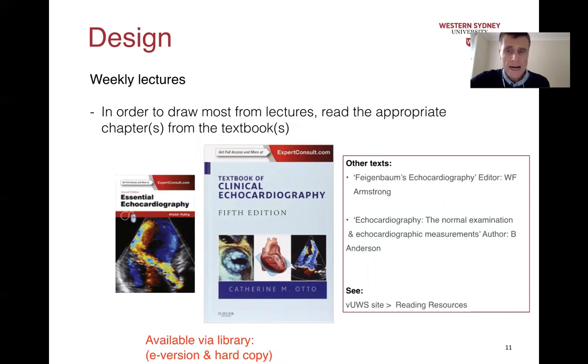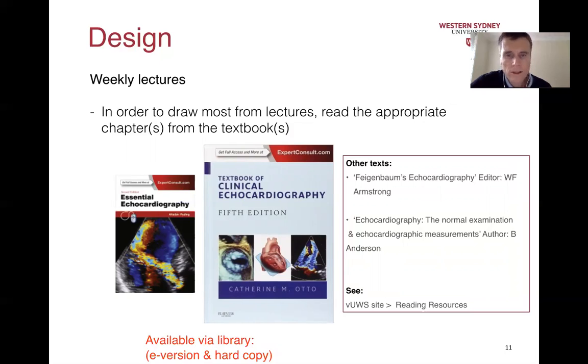The textbook we'll be drawing from most is the Textbook of Clinical Echocardiography. I'll show you how you can access the e-version. It is available via the library and via the Views site that I was telling you about, and you can access that 24/7. There are other texts like Feigenbaum's Echocardiography, like Benita Anderson's textbook, and others, and the full e-versions are all available to you via the Views site.